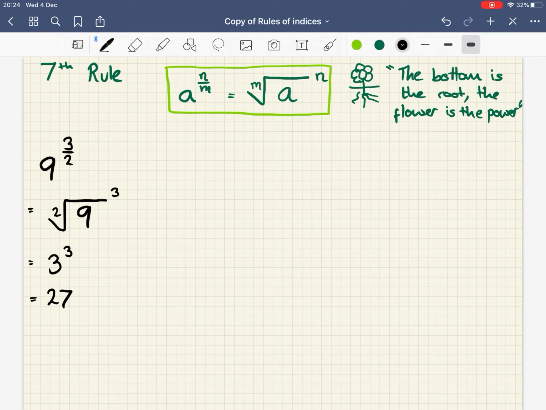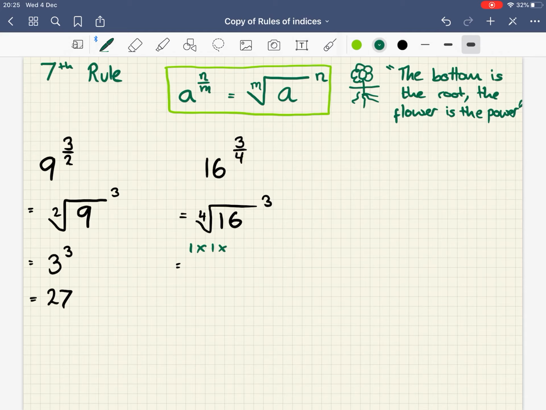This time, let's do 16 to the power of 3 over 4. So again, I'm going to have this root sign, 16 goes here. Now the bottom is the root, and the flower is the power. Now, if I don't know what number times by itself 4 times gives me 16, I always just think, well, start off small.